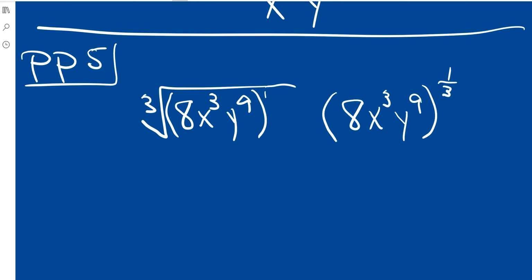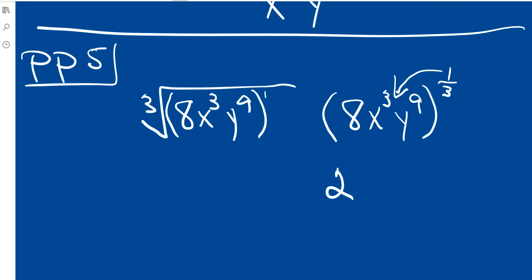The cube root of 8 is going to be 2. Okay, I'm just going to say it that way, like we have here. The cube root of 8 is 2. And then I'm going to have 1/3 times 3.